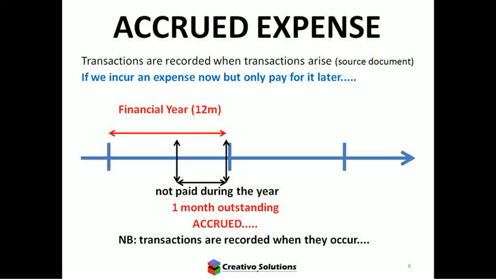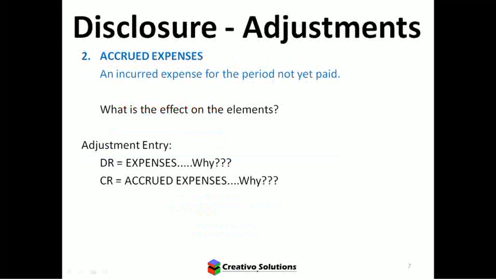The transactions need to be recorded when they occur. So if I've incurred an expense, I'll record an expense. So the definition for an accrued expense is an incurred expense for the period not yet paid. If something hasn't been paid but you've incurred the expense, that meets the definition of a liability.